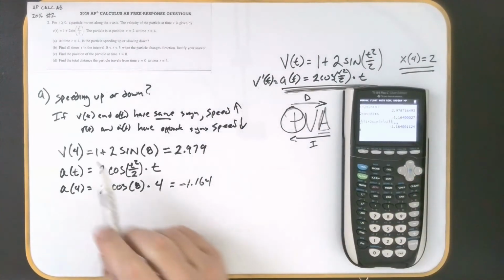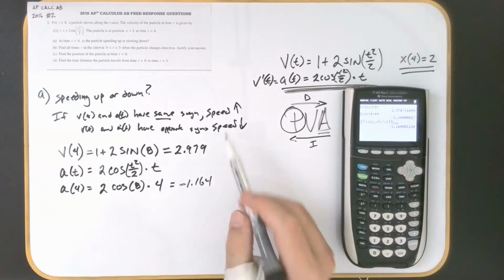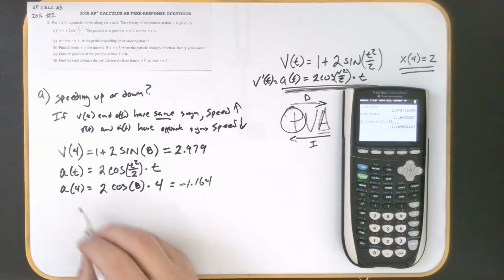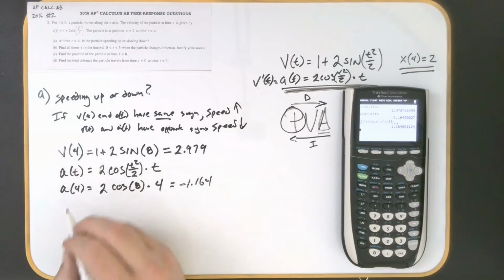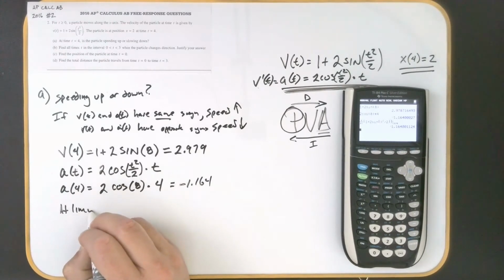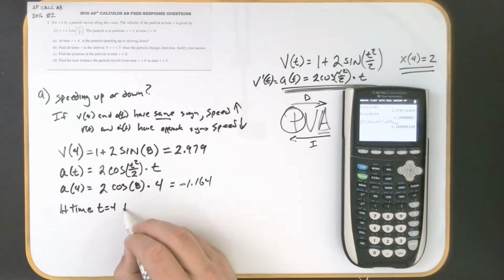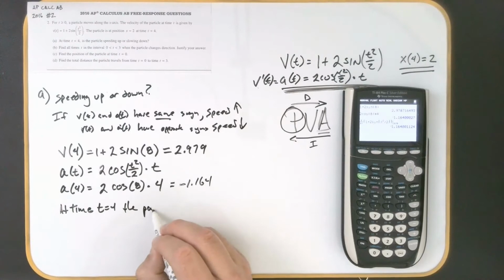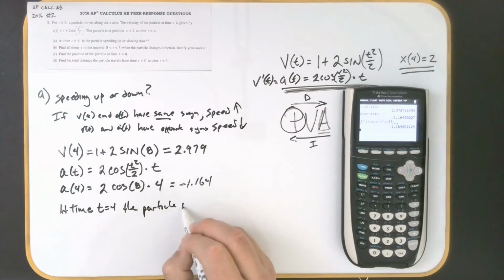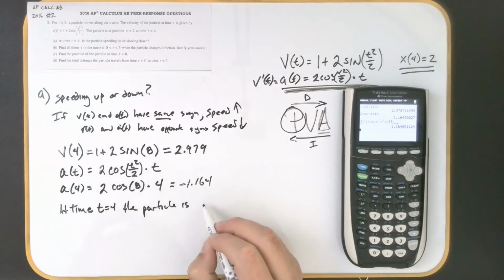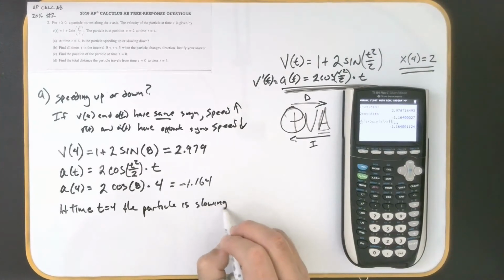But now for the question, though, are we speeding up or down? Well, because we have opposite signs, our speed is decreasing. So at time t equals 4, here's what we're going to say. At time t equals 4, the particle is slowing down. We'll say it that way. Speeding down sounds funny.